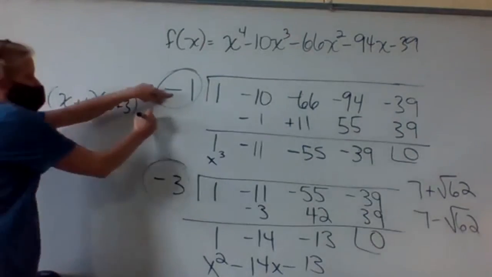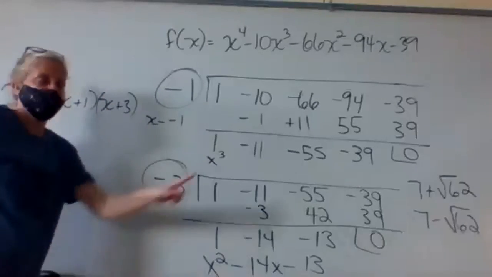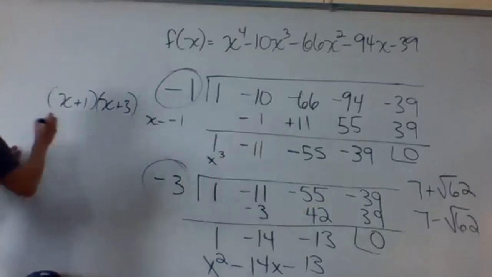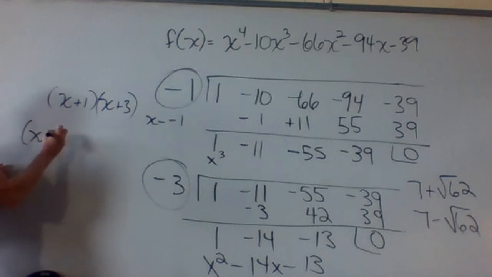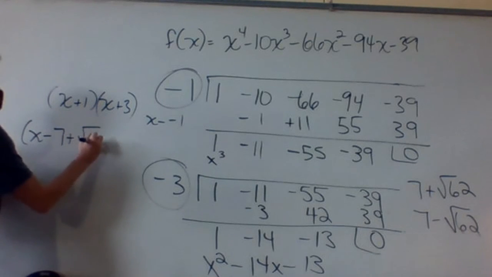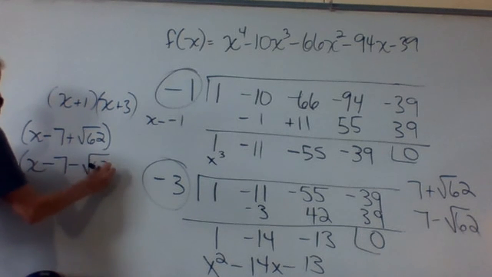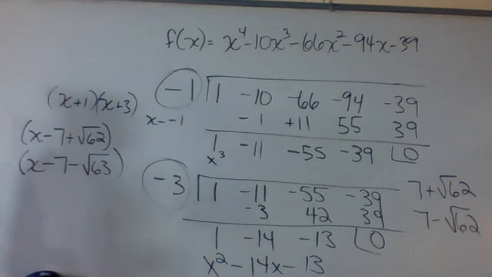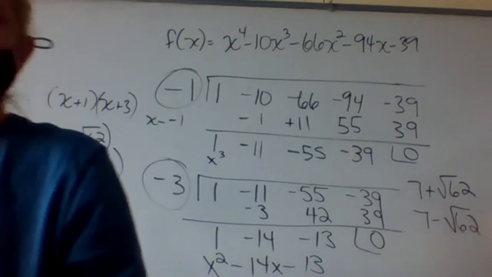That's why it turns into x plus if it's negative. So these factors are x minus the 0: x minus 7 plus the square root of 62 and x minus 7 minus the square root of 62. So those 4 factors. I have no idea how I thought I was going to get to 8.5.